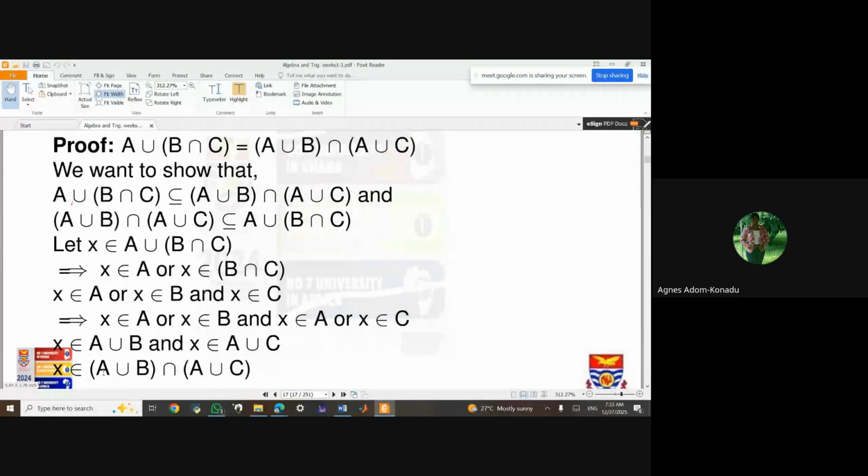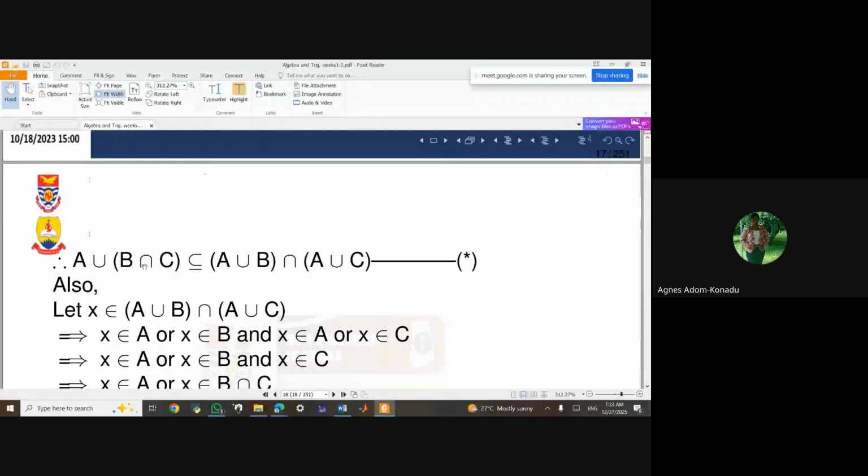So X is in (A union B) intersection (A union C). So I've been able to move from the left-hand side to the right-hand side. So this means that the left-hand side is contained in the right-hand side.